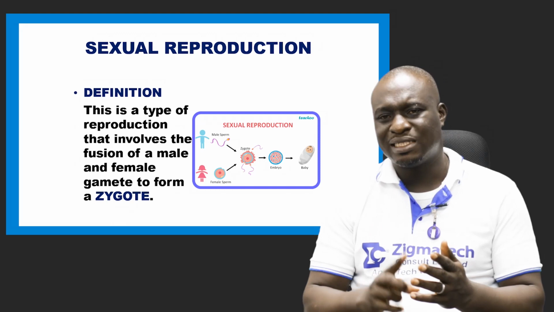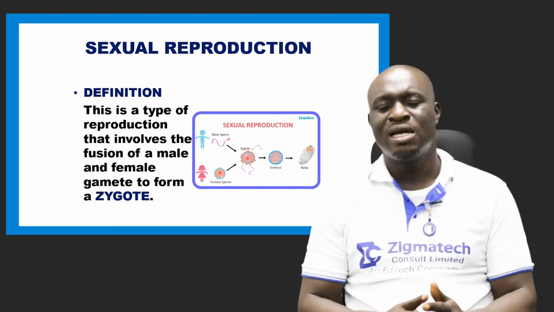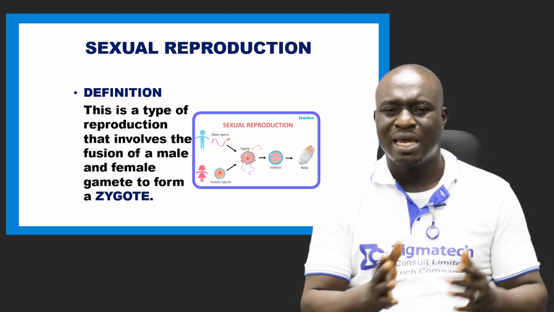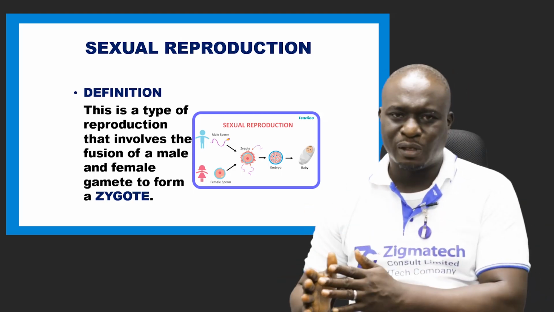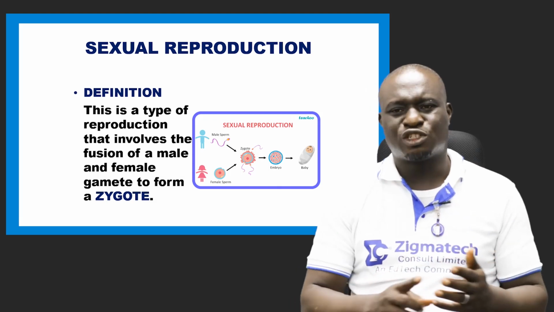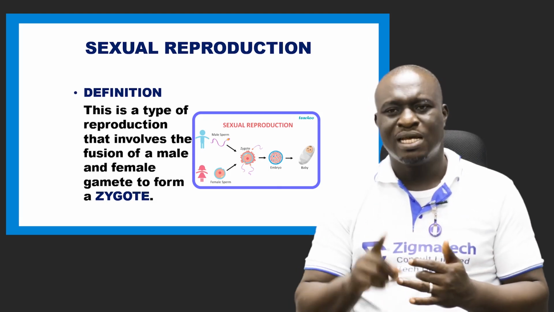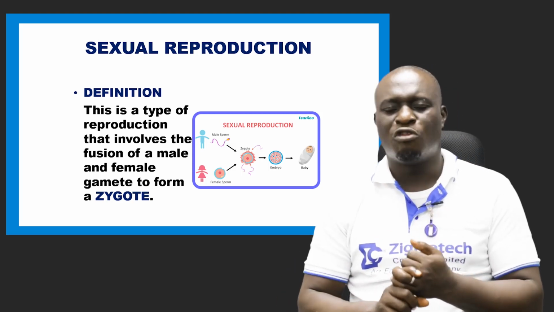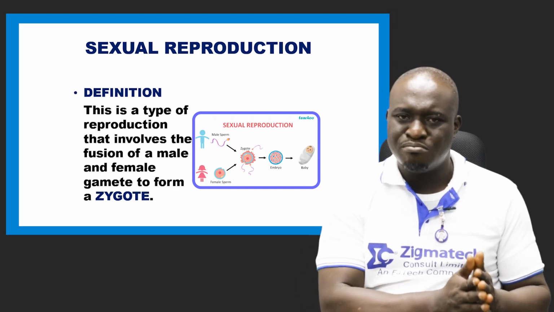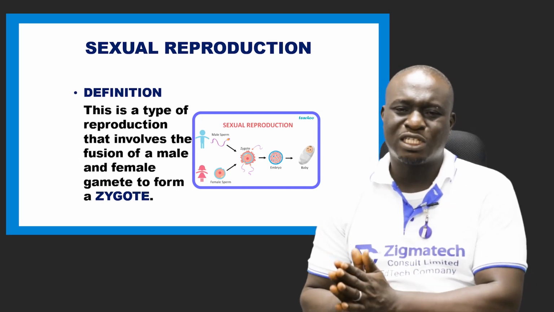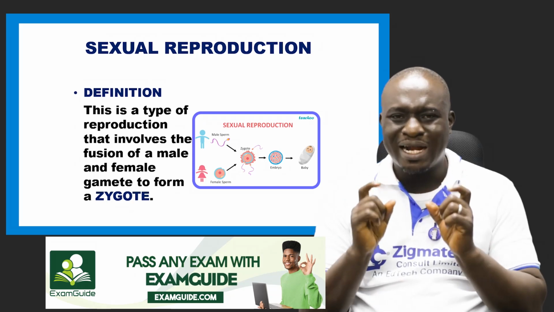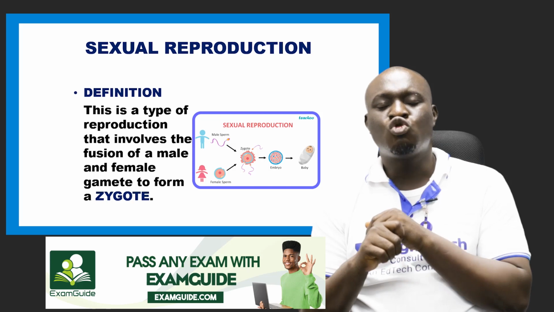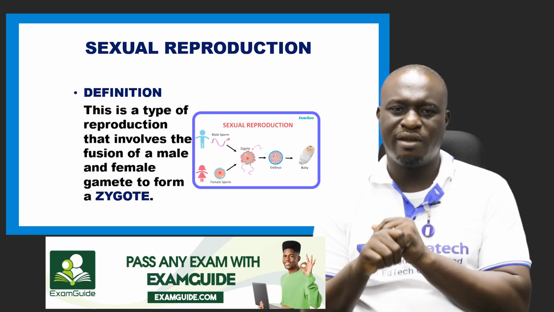Based on this definition, you will agree with me that sexual reproduction involves two parent organisms, a male and a female, and they produce gametes. It is not just the fusion of gametes; sexual reproduction has to do with the production and the fusion of gametes. So there must be a male gamete and there must be a female gamete. So one important fact about sexual reproduction is that two parent organisms are actually involved.